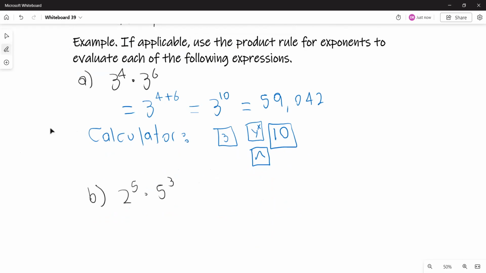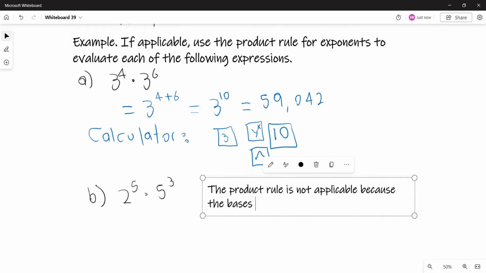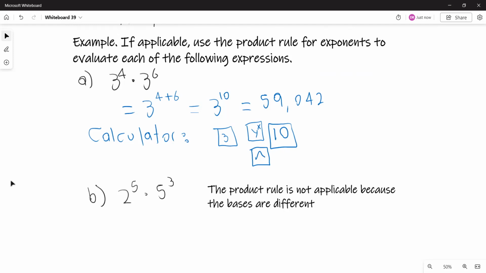So the product rule is not applicable because the bases are different. So we're going to evaluate this directly. We have 2 to the fifth power.